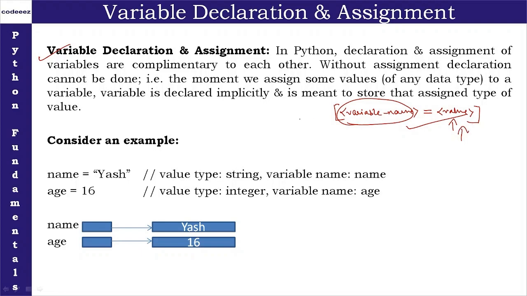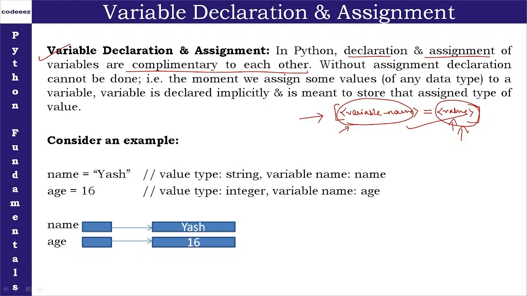Means the moment this line executes, Python will understand that this is a variable and is storing this type of value. So variable declaration and assignment in Python are complementary to each other. We cannot declare a variable without assigning a value to it.